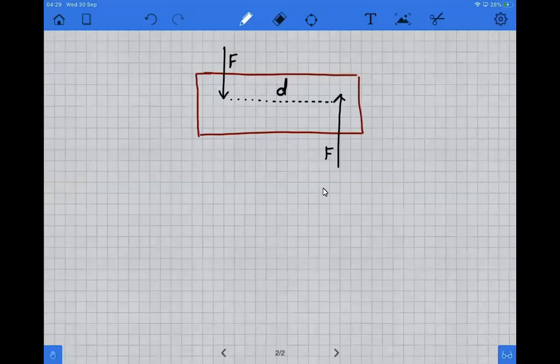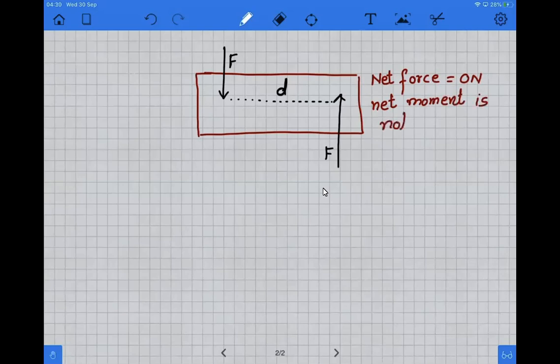These two forces make a couple. In this case, the net force will be 0 Newton, while the net moment, the rotation, is there. Net moment is not 0. So a couple causes the net moment without any net force or acceleration.